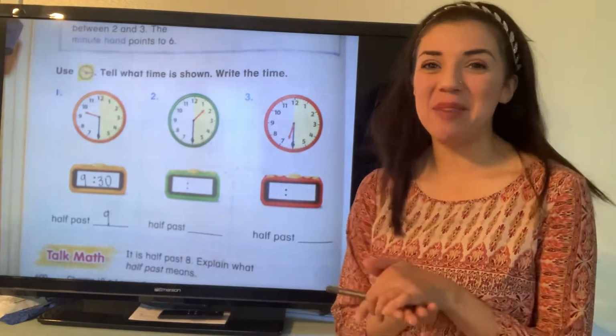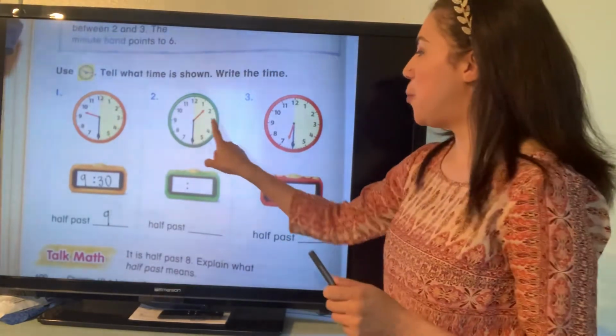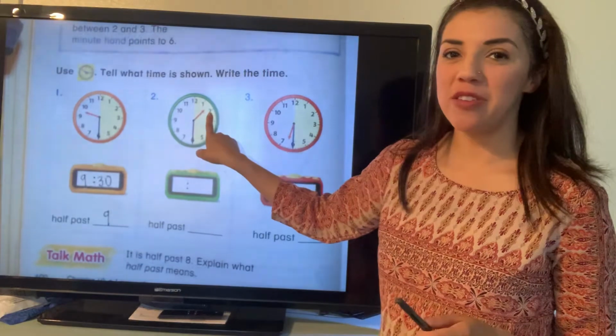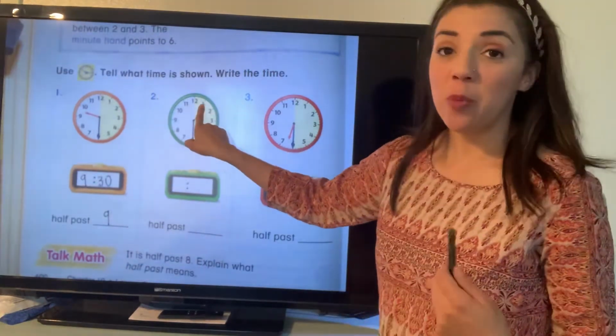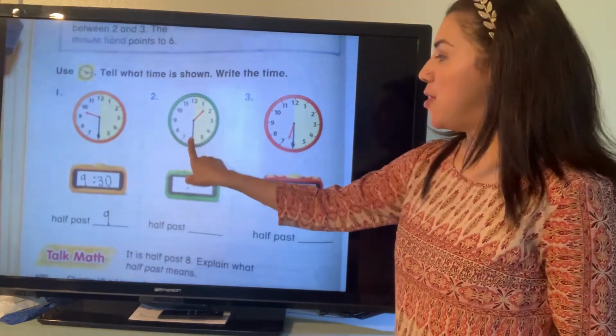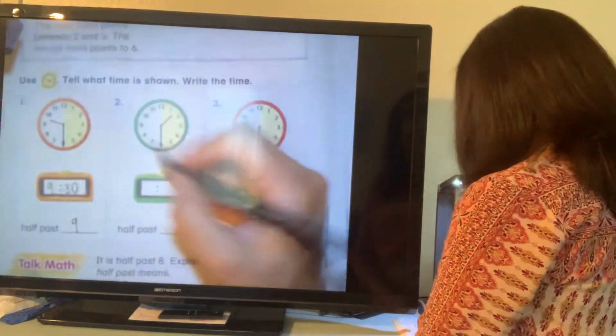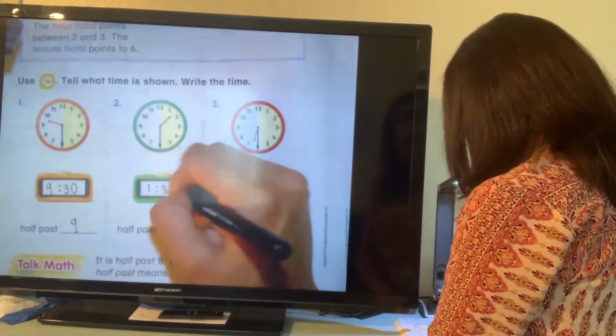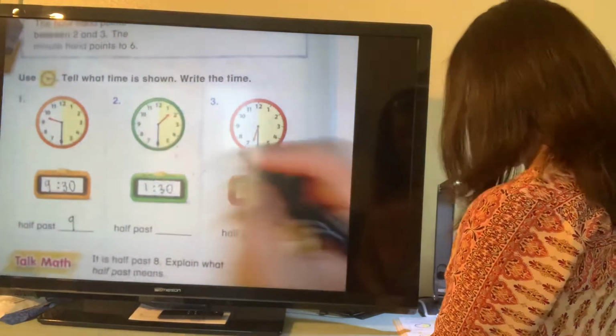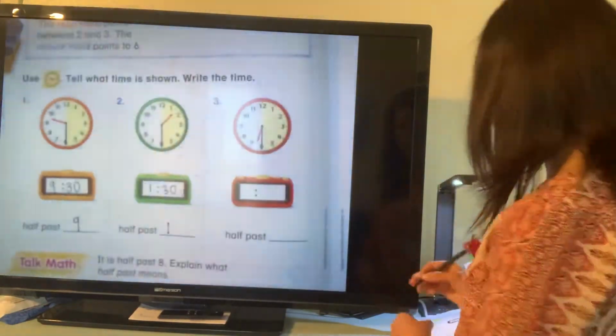Okay, here we go. So number 2, we have the hour hand in between the 1 and the 2, and so we know that it's going to be 1. And then the minute hand is on the 6, so we know that it's 30. So this time would be 1:30. So it is 1:30.